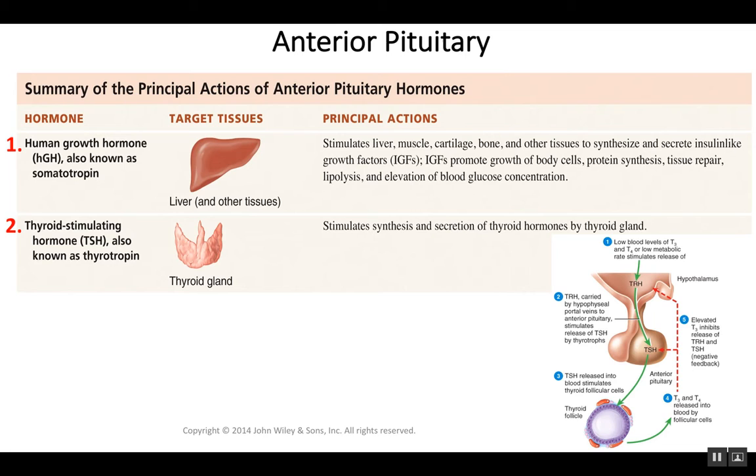The first hormone we learn is called human growth hormone. As the name suggests, this hormone has a lot to do with growth. It does this by stimulating the liver, muscle, cartilage, bone, and other tissues to synthesize and secrete growth factors.